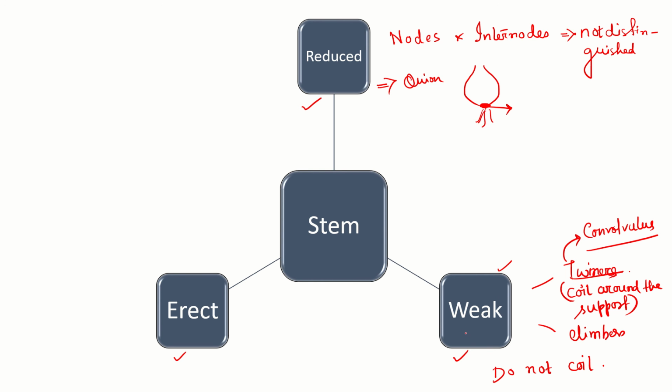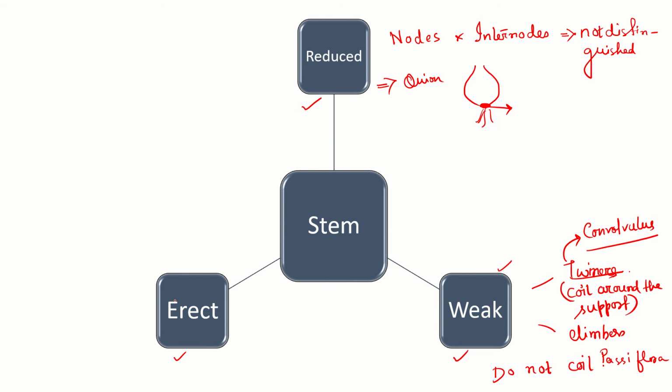Climbers are found in, one example, let me give you, passiflora. There can be root climbers, there can be hook climbers, there can be lianas. So this is a brief discussion about weak stems.